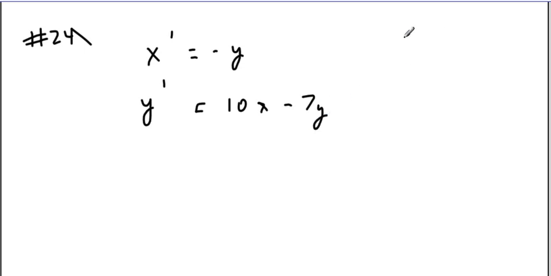x prime is equal to minus y, and y prime is 10x minus 7y, and I have initial conditions x of 0 is 2, y of 0 is minus 7.